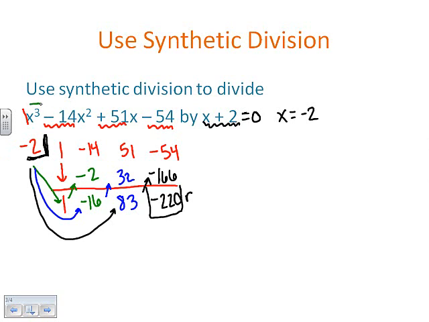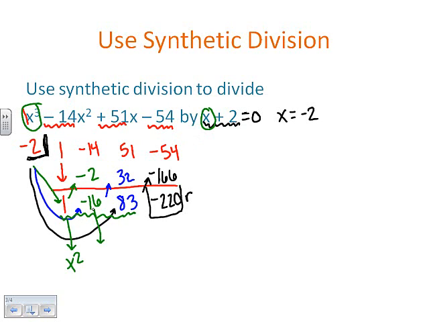Since it started out as an x cubed polynomial and we divided out an x, then it becomes an x squared. And these numbers here are the new coefficients. So from the 1, we gather that the first term will just be a 1x squared. Remember, since it started out as an x cubed and we divided out an x, everything gets reduced by a power.